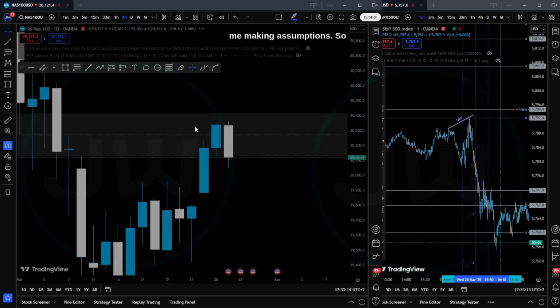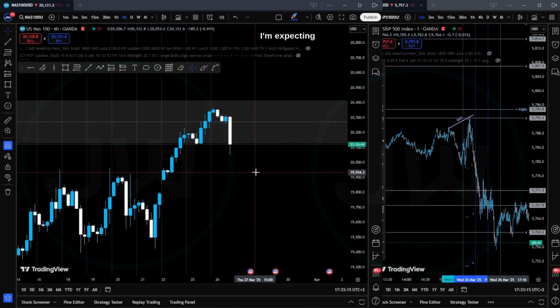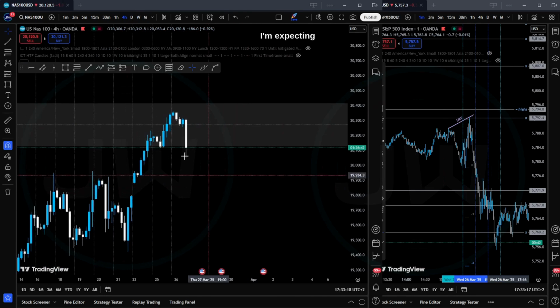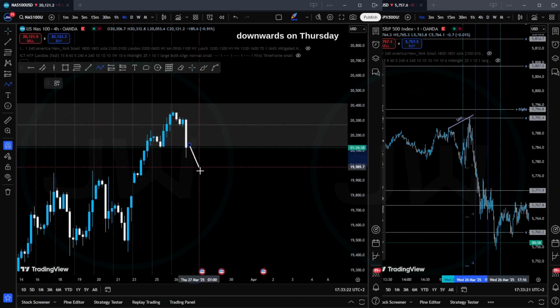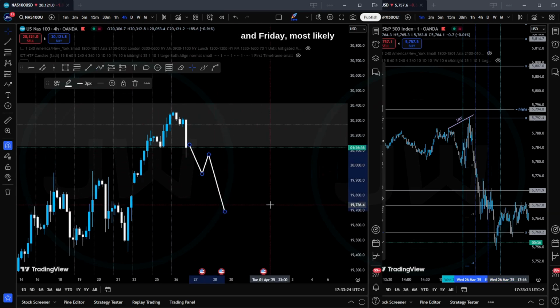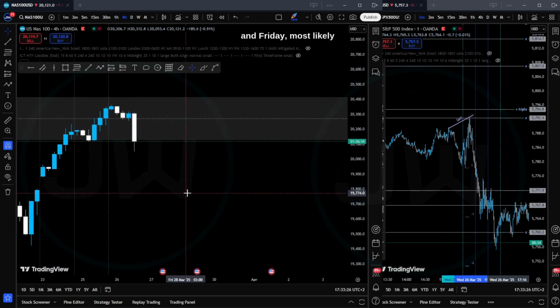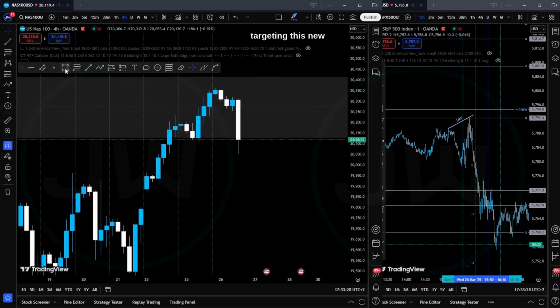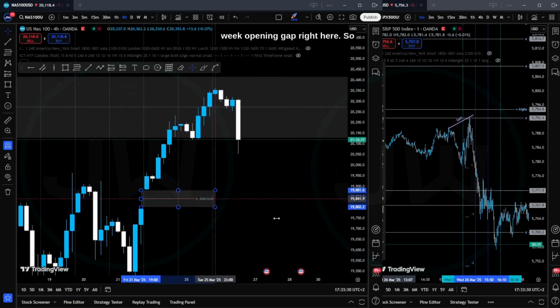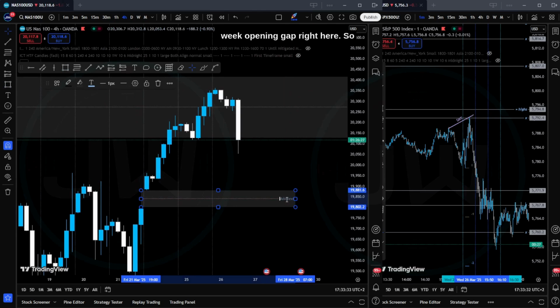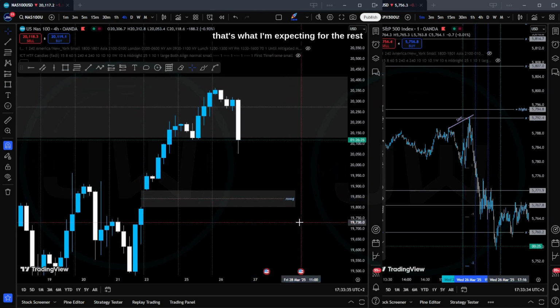This is me making assumptions, so I'm expecting price to continue downwards on Thursday and Friday, most likely targeting this new week opening gap right here. So that's what I'm expecting for the rest of the week.